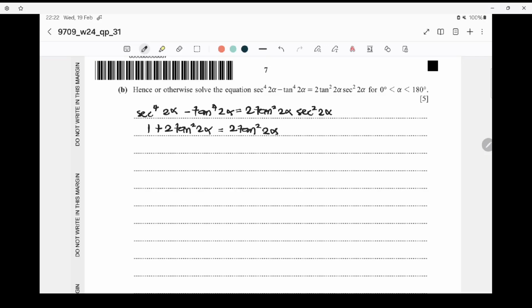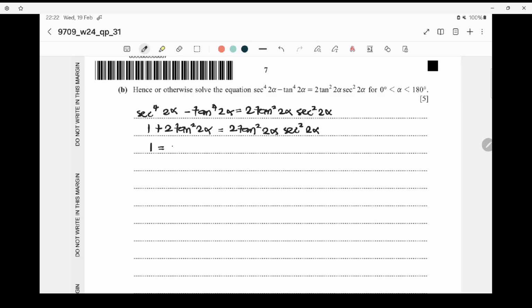Either you convert the secant square 2 alpha to the tangent using the identity, or you convert the tangent to secant square 2 alpha. What I'm going to do is to keep it first and then move everything to one side, either the left hand side or the right hand side, it doesn't matter. I think probably it's better for me to move everything to the right hand side.